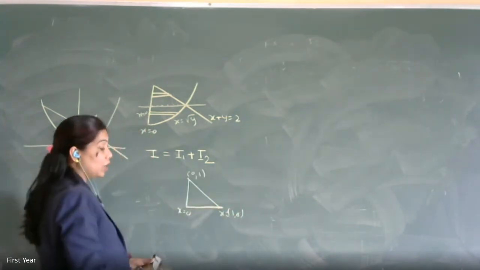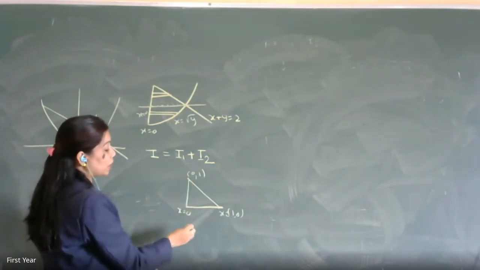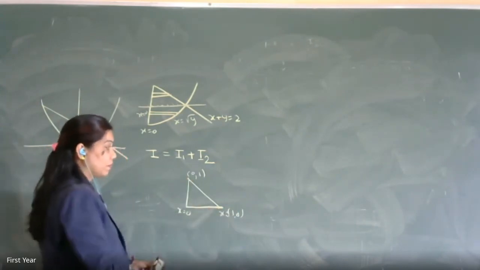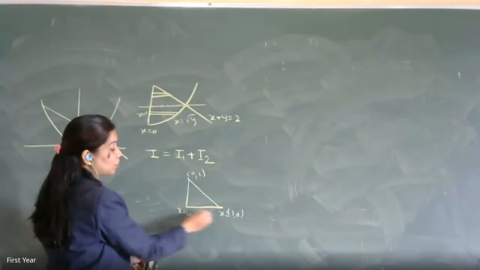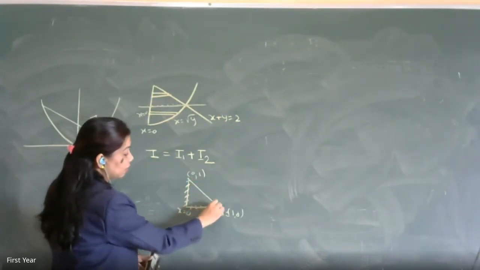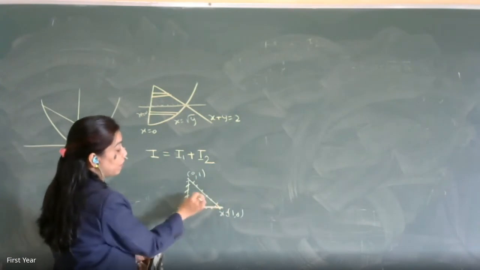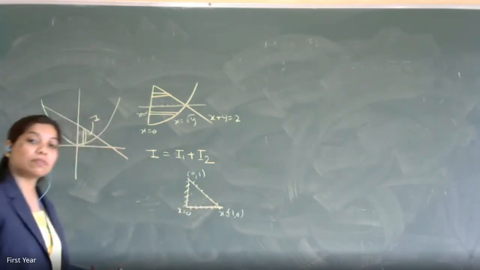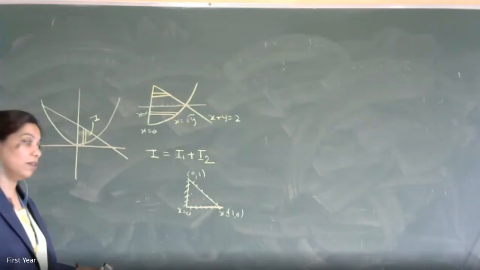If you are taking only x is equal to 0 and y is equal to 0 to 1 and x is equal to 0 to 1, then what you are finding is only this line integral, and the finding does not reach the inside. Okay. Got it.